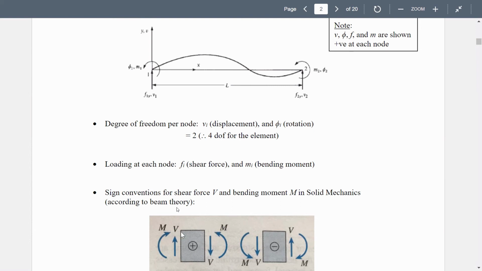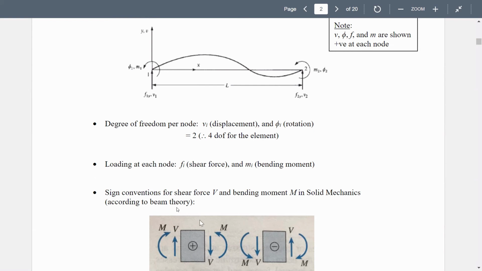If this is a differential element of this beam, V is positive downward, and the moment is counterclockwise like this, or on the other side, in the other directions, to keep it in equilibrium.